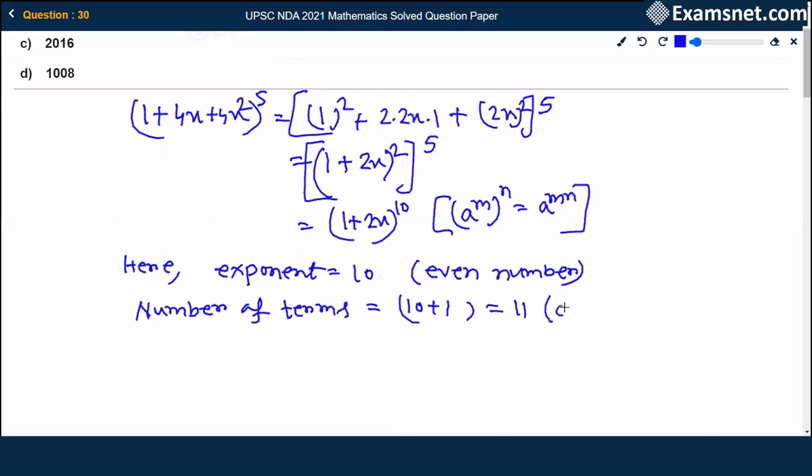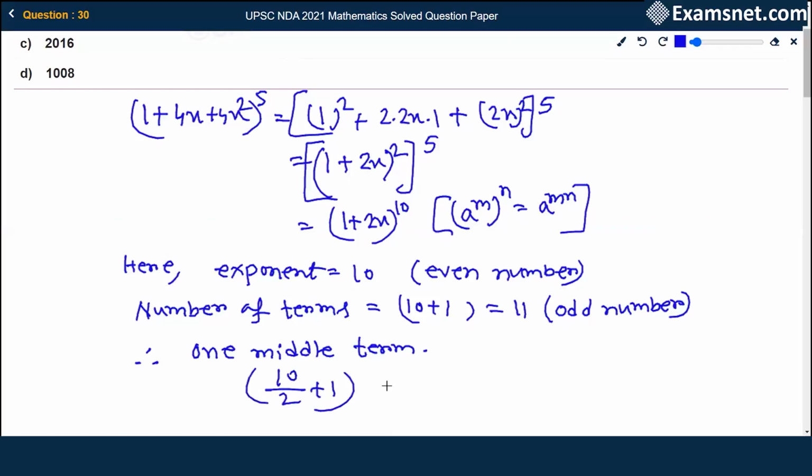So here 11 is an odd number, right? Therefore there will be one middle term, and that will be the 10 by 2 plus 1th term. So the 6th term will be the middle term of the expansion.